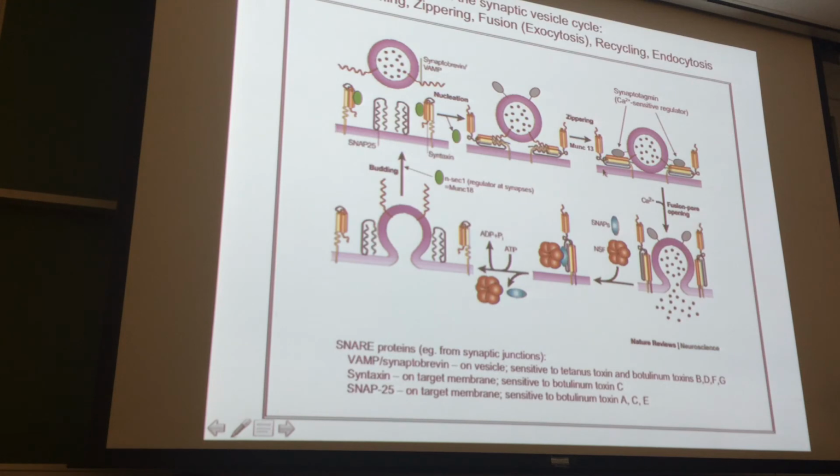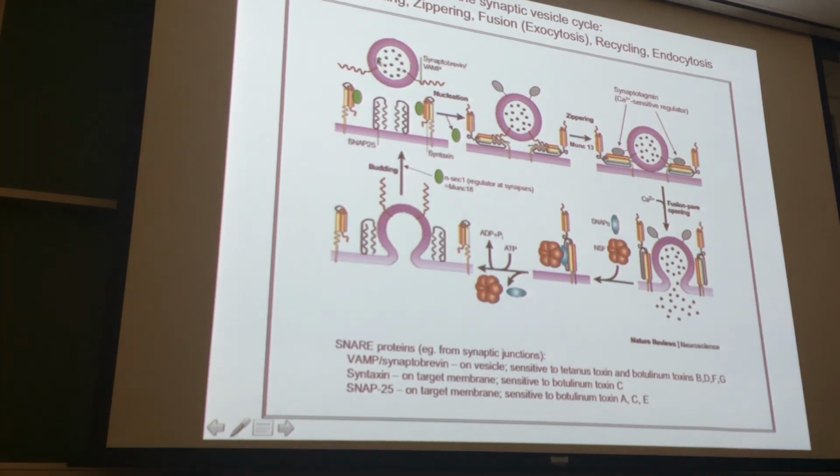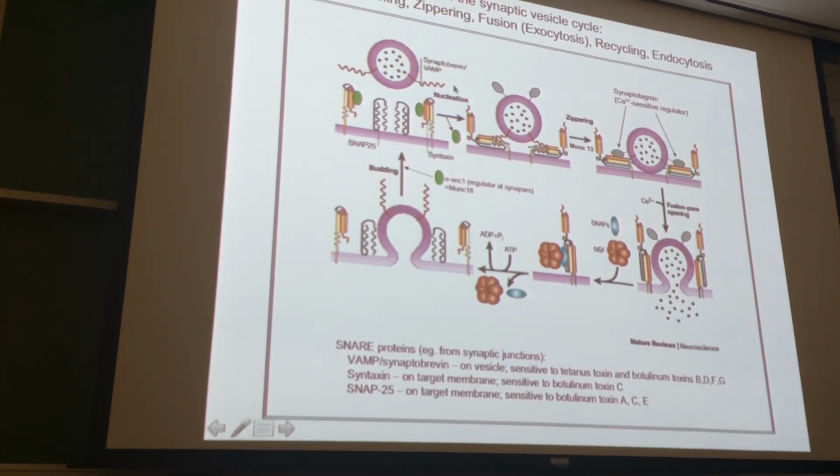Okay. So if you look at what happens through these basic events, this is another picture of that. We get this docking initially, so the interaction of synaptobrevin with SNAP25 and syntaxin, which are on the target membrane, the presynaptic side. So they dock, and then they go through this priming event.